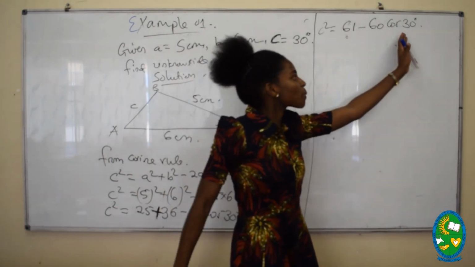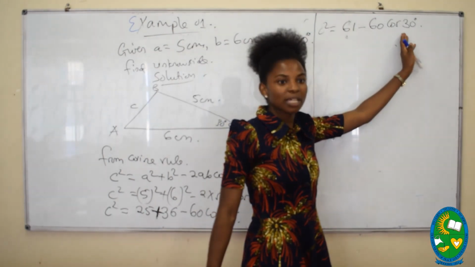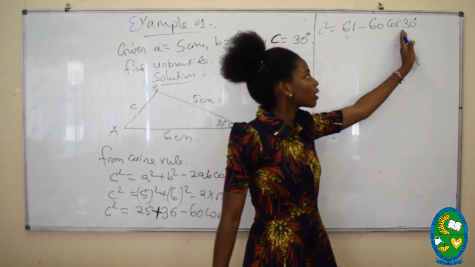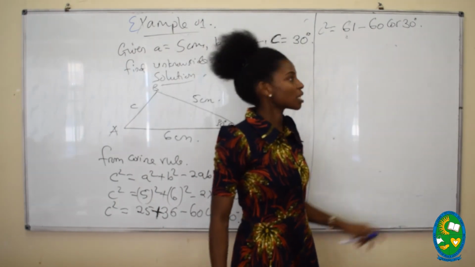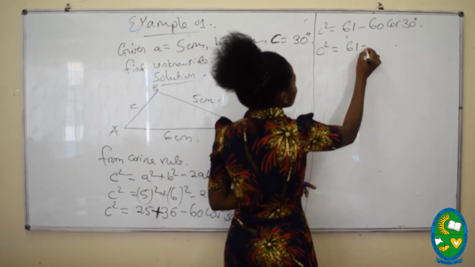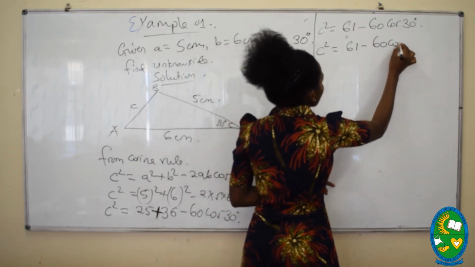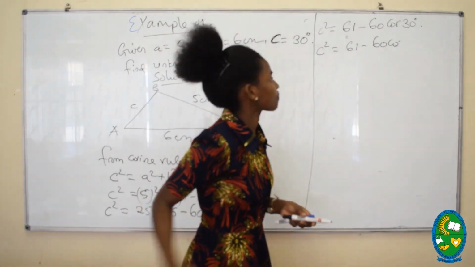So this special angle, cos of 30 degrees, you can read it from four-figure tables or from a calculator. In four-figure tables, cos of 30 degrees is a half. So now we have c square equals 61 minus 60 times half.